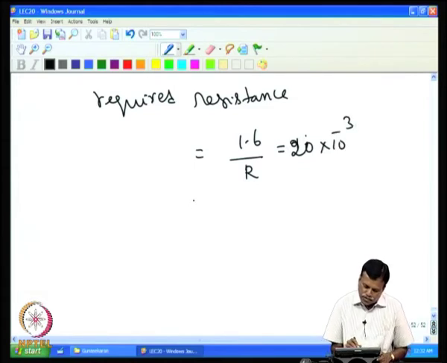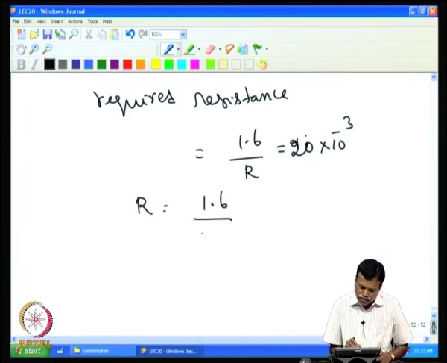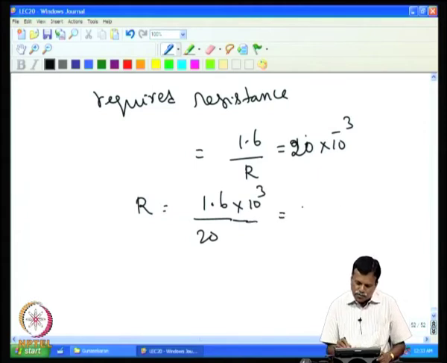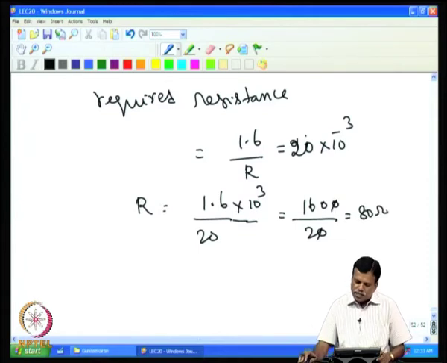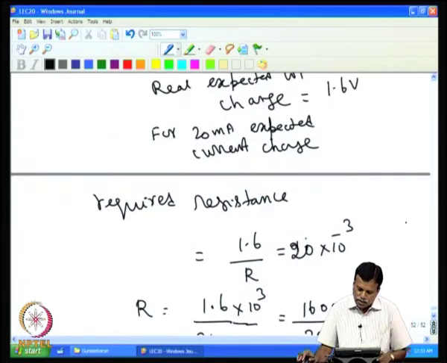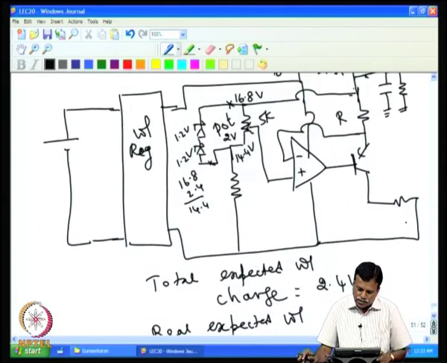So, R works out to be 1.6 divided by 20 milliamps. That comes out to be 80 ohms resistance is what is actually required to get that change.